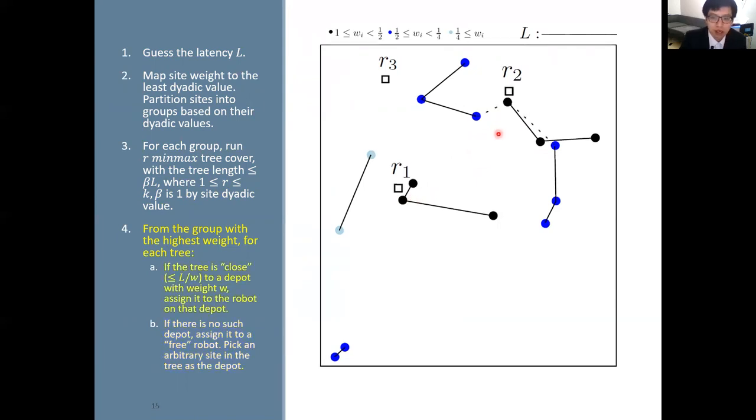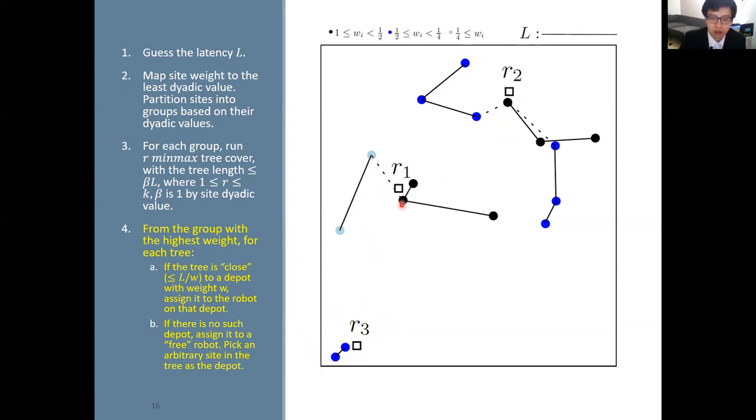Now, in the other case, if a tree is close to another assigned tree, then we assign this tree to this depot. For example, you can see the distance from here to here is less than L, so we assign this tree to this depot, and this one to this depot. And if that tree is too far away from this one, or this one, we give another robot.